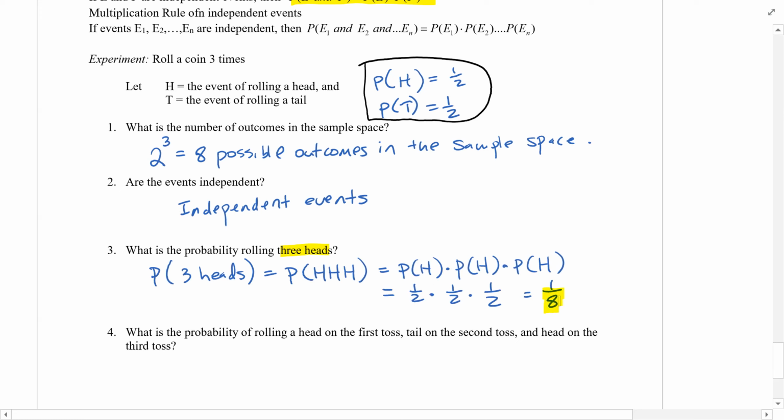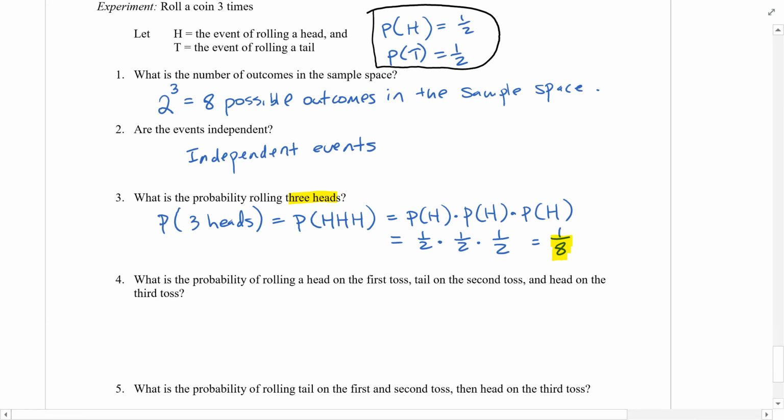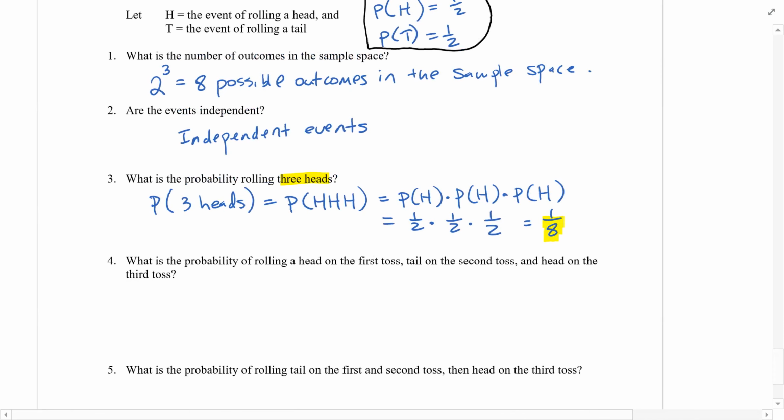Number 4. What is the probability of flipping a head on the first toss, tail on the second toss, head on the third toss? Okay, let's write it out. I'm finding the probability of getting a head on the first toss, tail on the second toss, head on the third toss. The events are also independent.